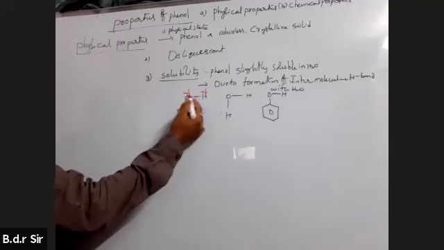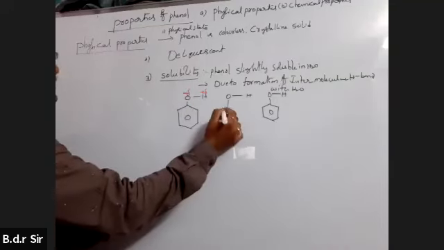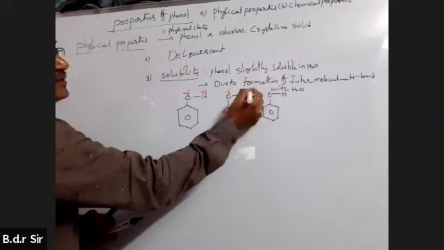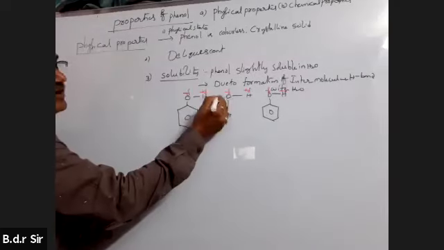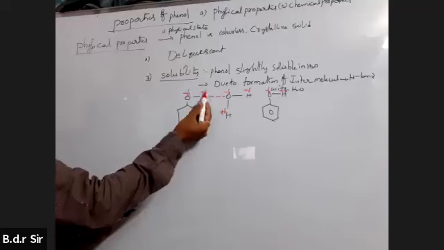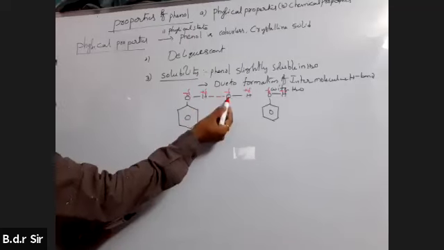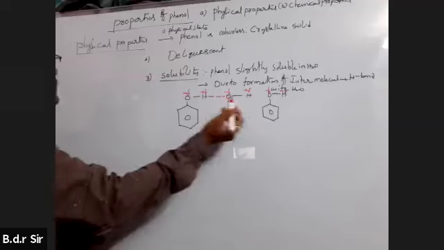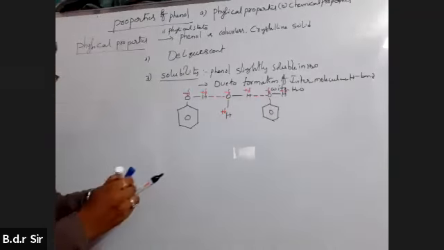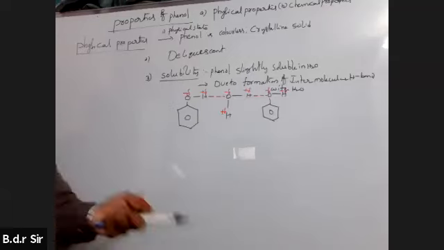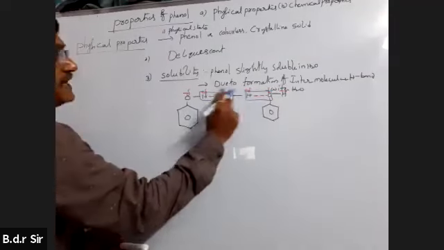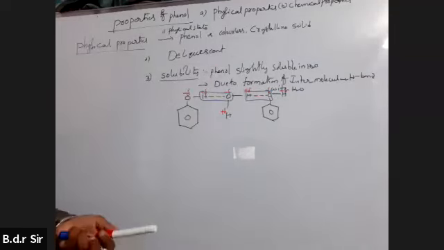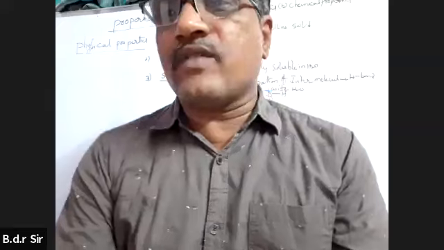So it creates a negative pole and a positive pole. Hydrogen bond is formed between the positively charged hydrogen atom and the highly electronegative atom of a different molecule. Here also the same. Due to the formation of intermolecular hydrogen bond, it is slightly soluble in water.